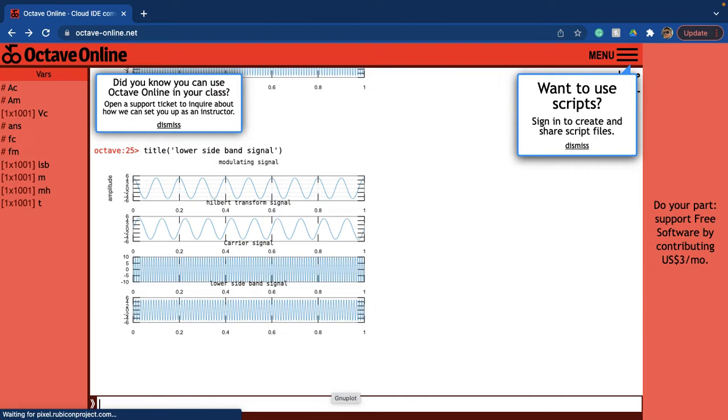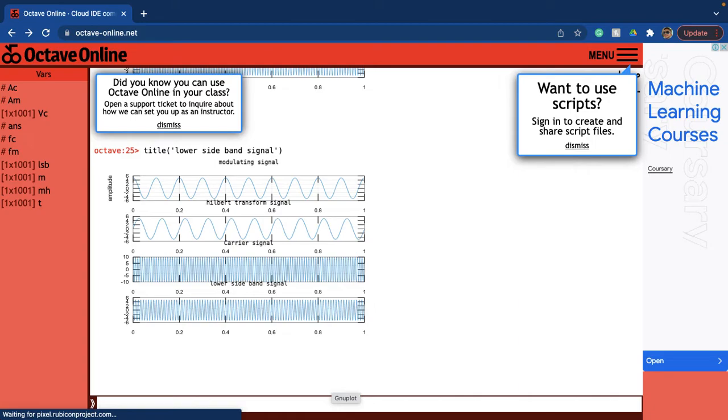The last one is the upper sideband. Let's draw that also. Subplot 515, plot. Have I given the equation for the upper sideband? I don't think I've given it.